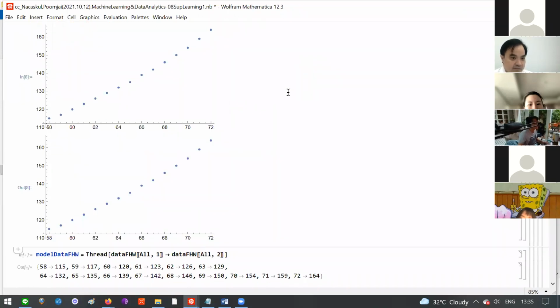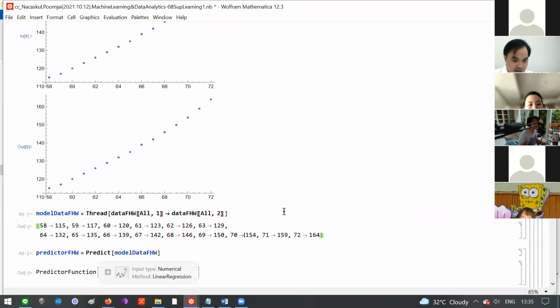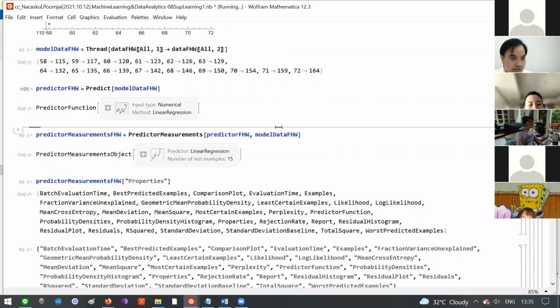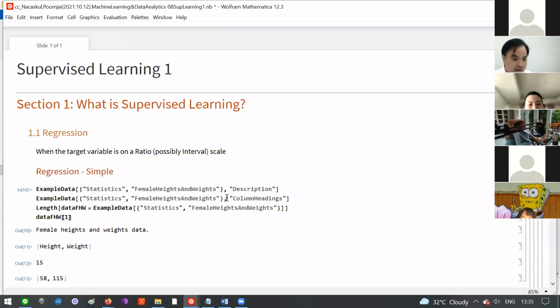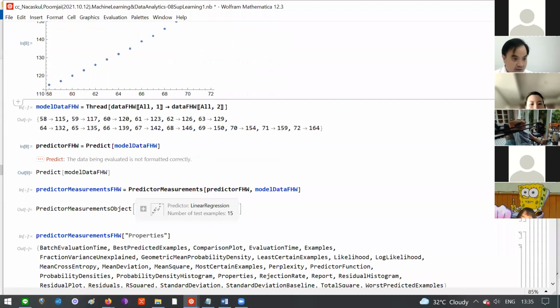And so we built a model and made a prediction. Okay, that's female height and weight, and that's my model data. That's the built model.